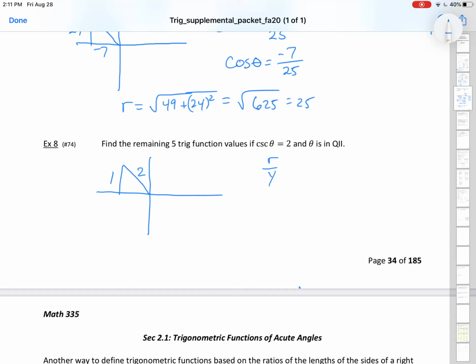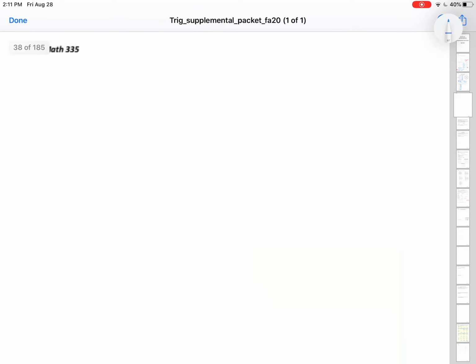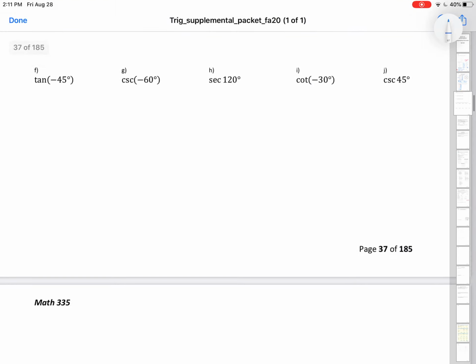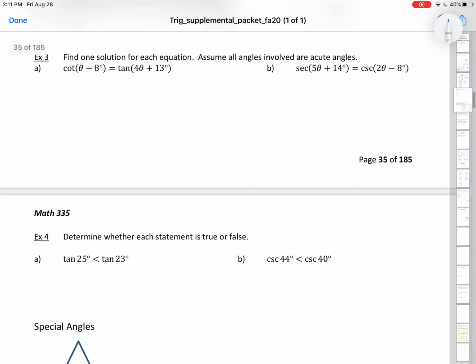It's good. And then I've got to figure out this other side. We know how to do that. 1 squared plus this x I want to figure out squared is equal to 2 squared, or x squared is equal to 3. I apologize for that.